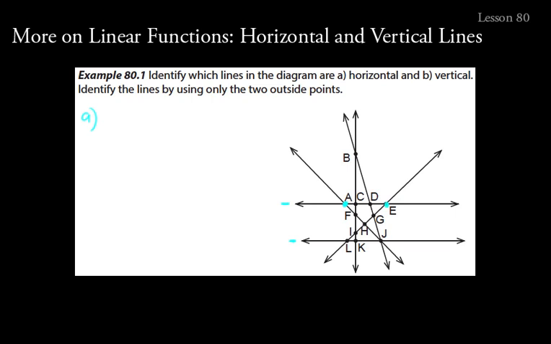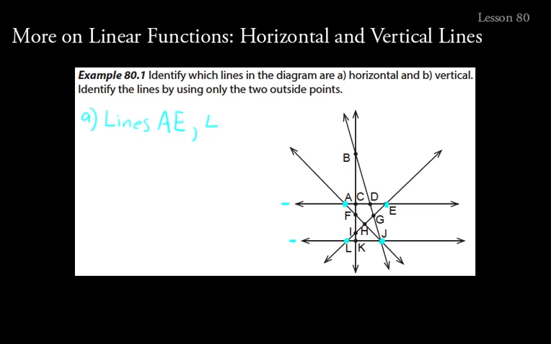We want to identify them by their outermost points, like this one, point A and point E. So we'll say lines AE. Remember, we could have called that EA. I'm just going from left to right here. EA is the same line. And then the other one is LJ.